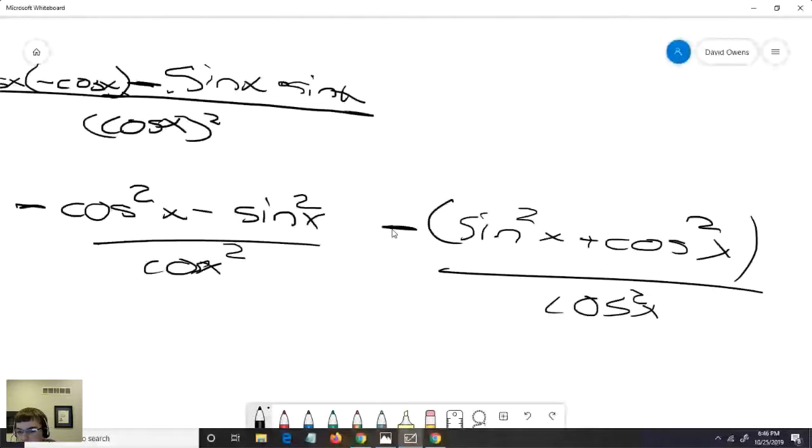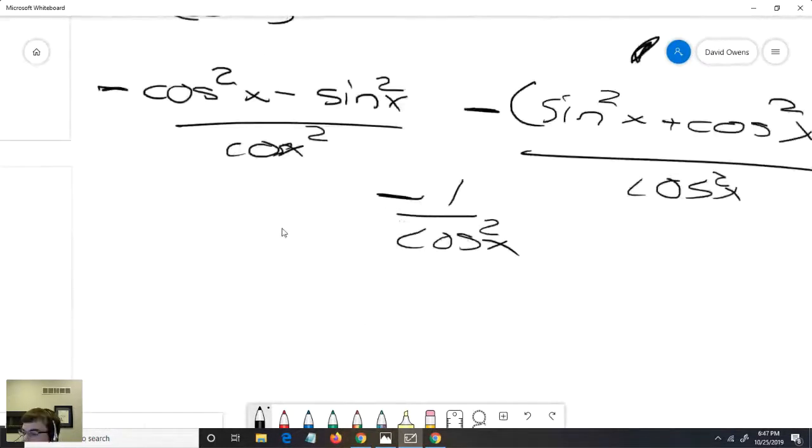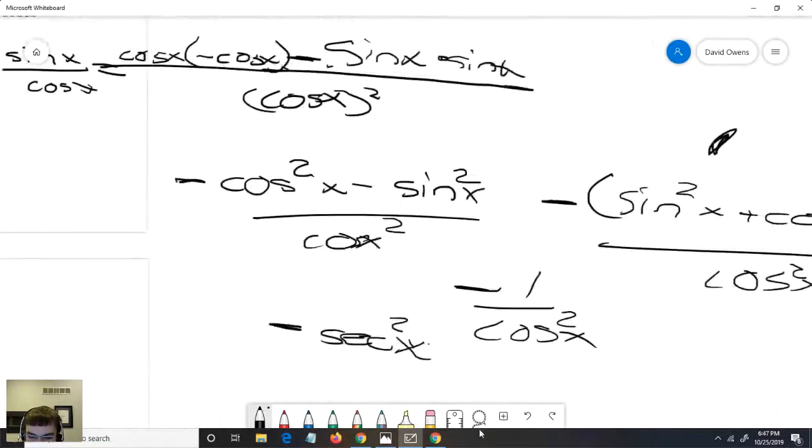All right, I'm not seeing anything. So you might remember that this trig identity is equal to 1. This is simply an application of the Pythagorean theorem. So that becomes negative 1 over cosine squared x, and using the additional trig functions in terms of sine, cosine, and tangent, you can see that that's equal to negative secant squared x. All right, so that's how you derive the derivative of tangent x.